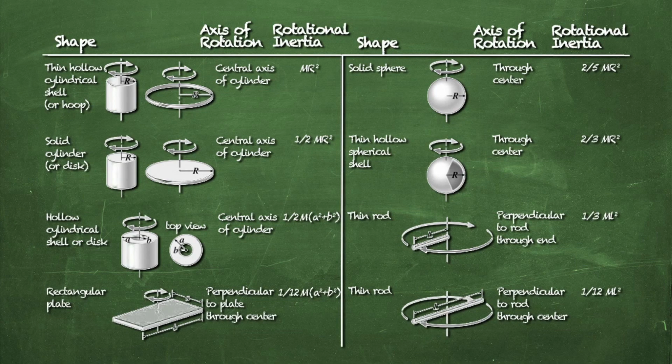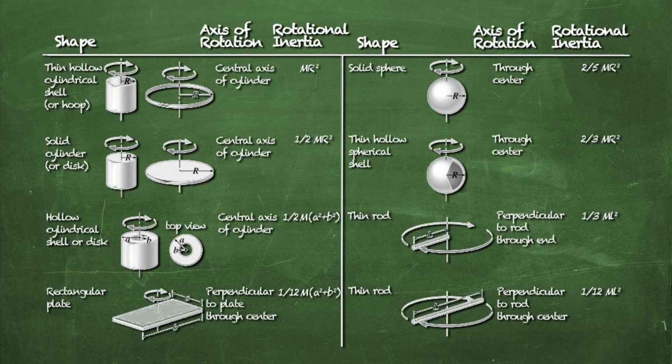So in other words, a solid cylinder or a solid disk has a rotational inertia that is less than m r squared, because not all of the mass is at the extreme edge of the disk or of the cylinder.